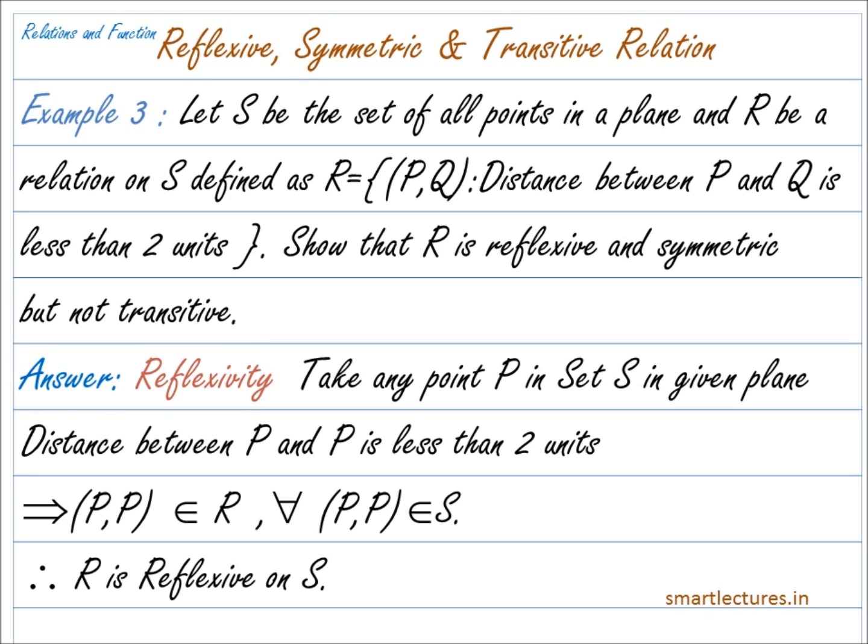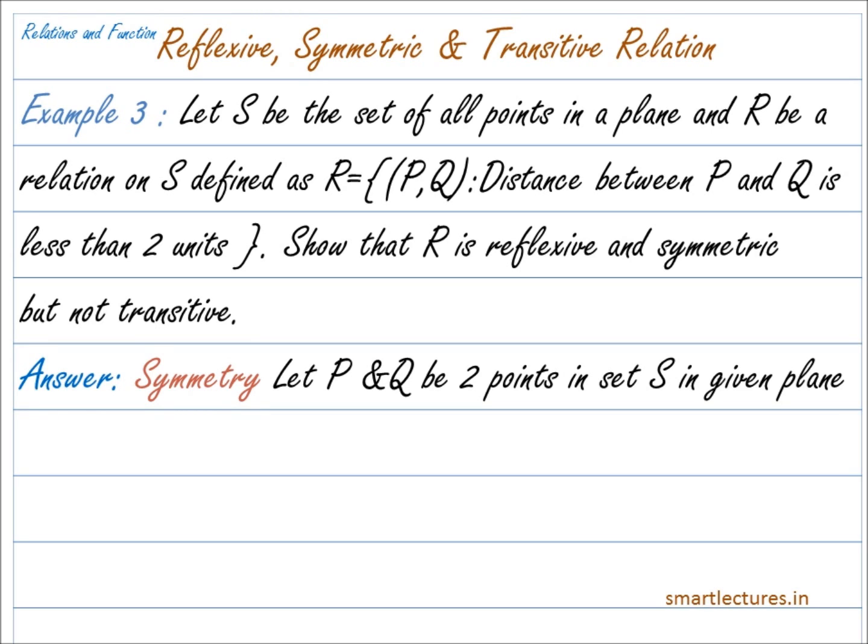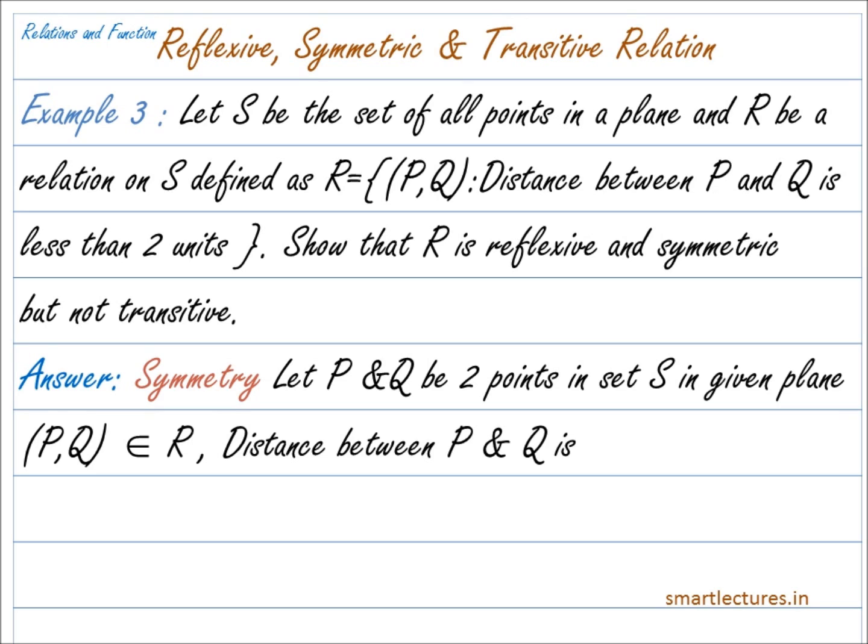Now let's check whether this relation is symmetric. Let P and Q be 2 points in the given plane S, such that (P, Q) belongs to R. Now (P, Q) belongs to R, that means the distance between P and Q is less than 2 units.